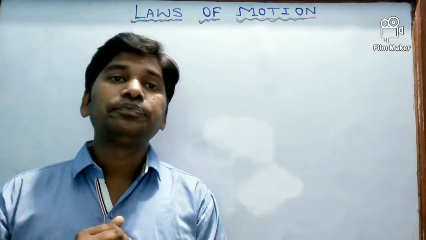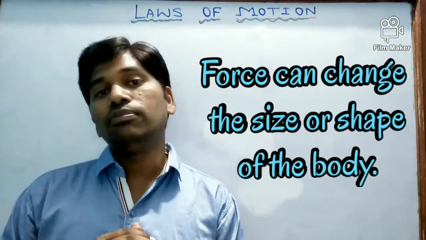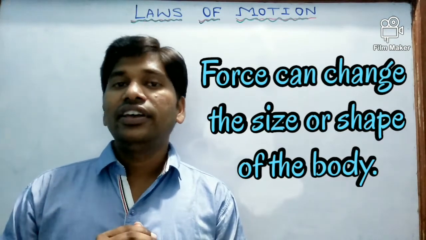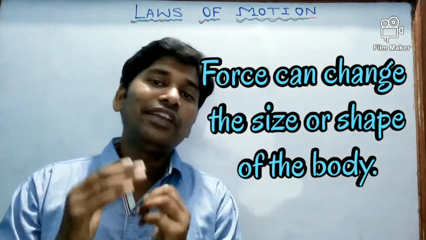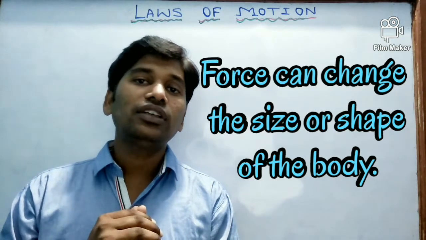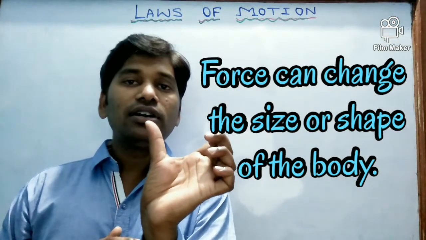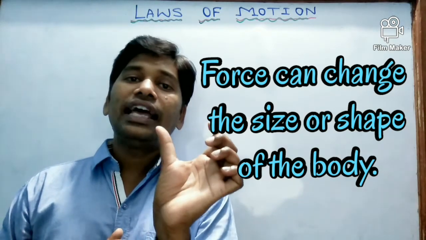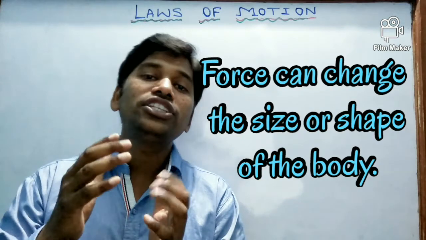Next, third point, it can change the shape or size of the body. Like if we have a balloon and we press it gently, we will find the shape of the balloon will change. Force on some soft material like a cushion, then the shape of the body will change.